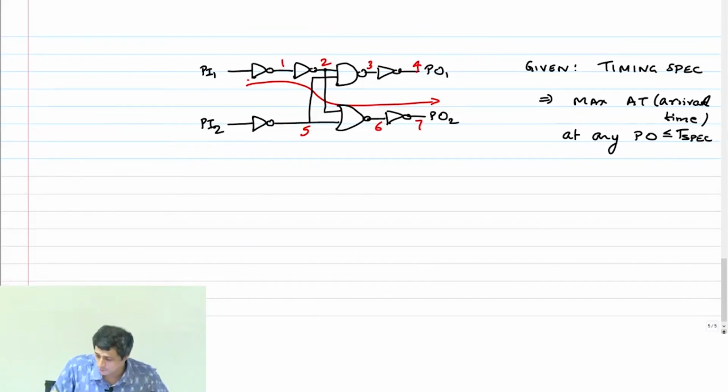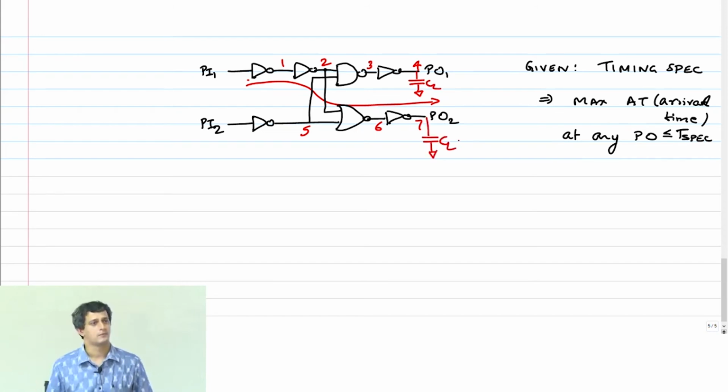The output, of course, has to drive some load capacitance. So what will I do? I will now pick this inverter, this NOR gate, this inverter, and do my path delay sizing. In the process, what are you going to do?